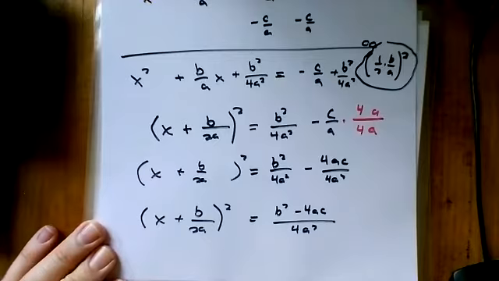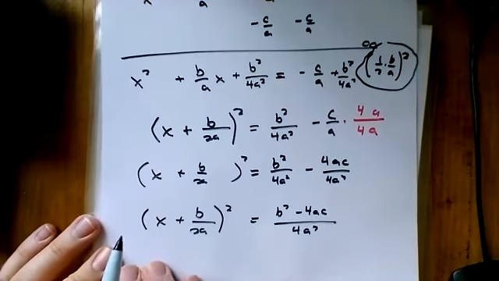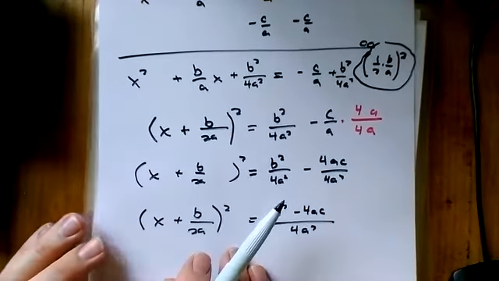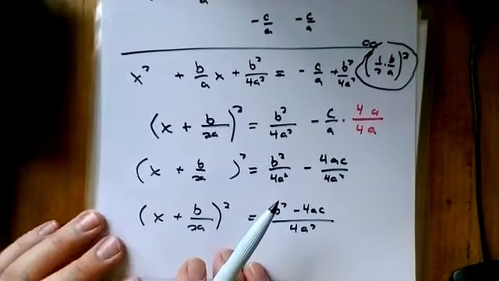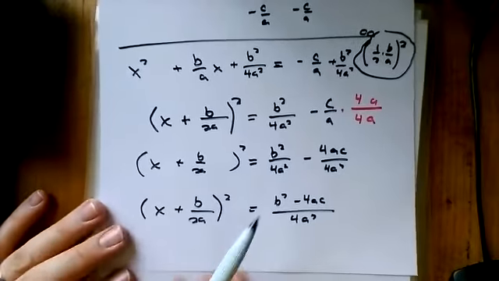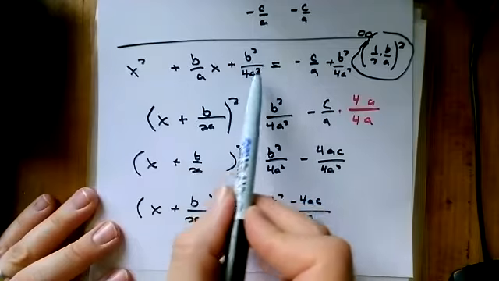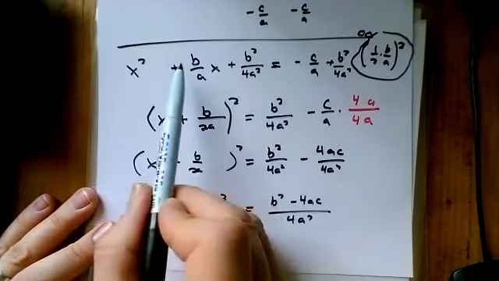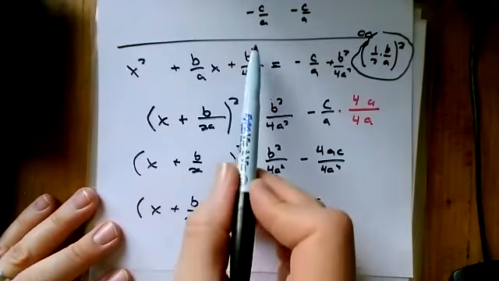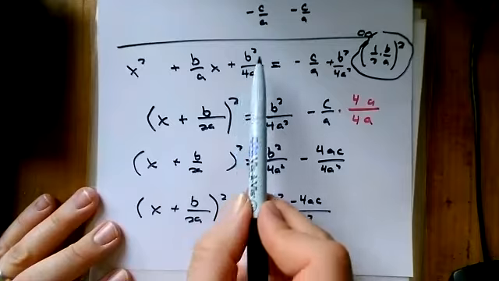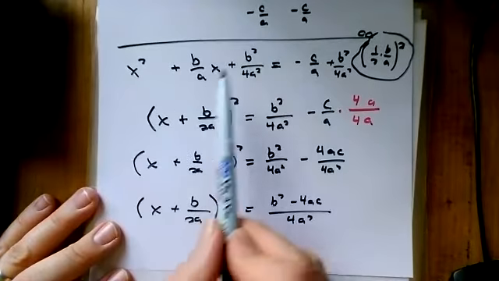Now, if you're not following this, try doing this with just some whole numbers and see what happens. It probably would work out a little bit easier for your head. Just remember that this is usually where people get lost. It's in factoring this.